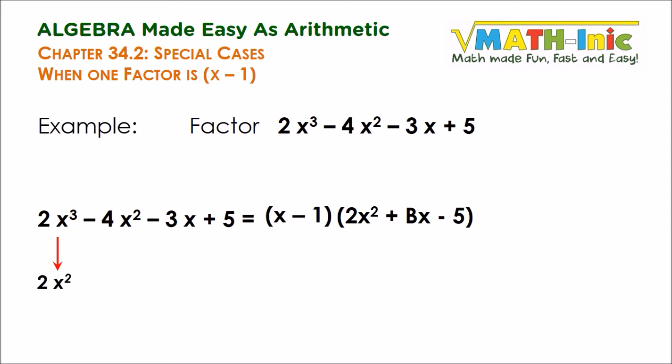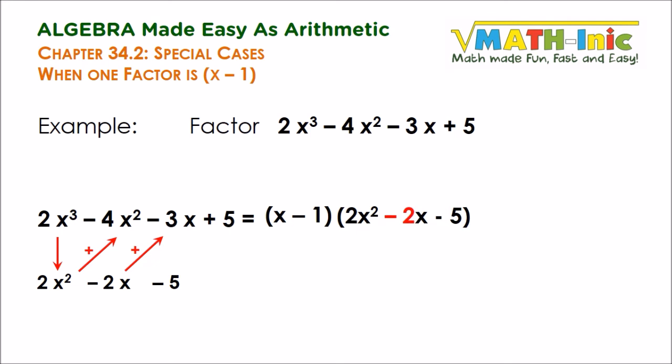So first, we copy the coefficient 2 and, since we're dividing by x minus 1, we decrease the power of x by 1. So now it becomes 2x squared. Then we add 2 to the coefficient of the next number. 2 plus negative 4 is negative 2. Negative 2 plus negative 3 is negative 5.